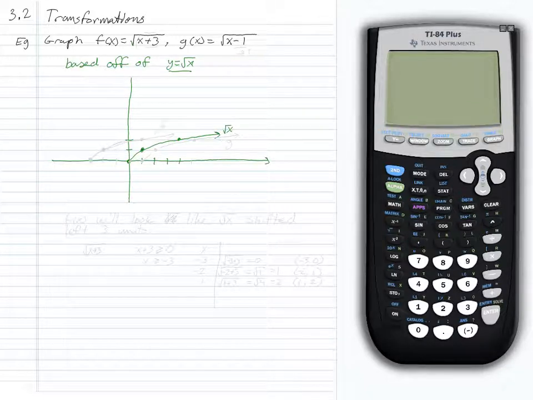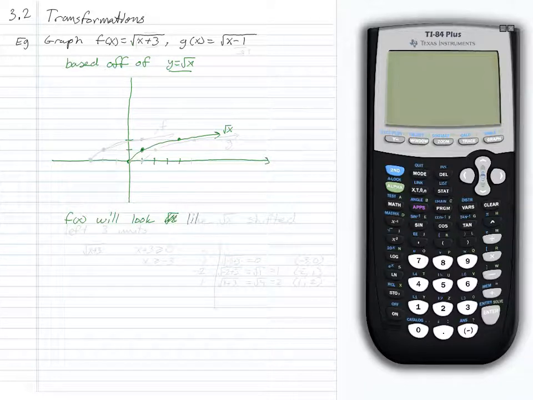Now to graph f of x, we will recognize that this is going to look like the graph that we've drawn, but it's going to be shifted.